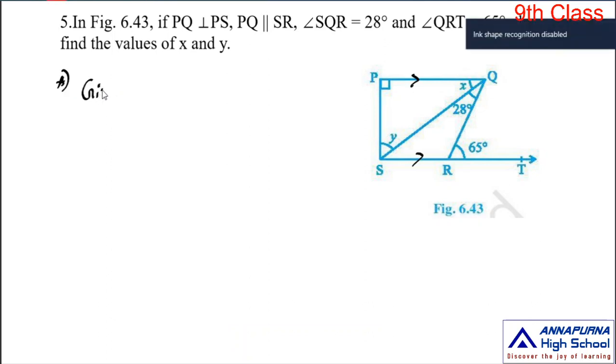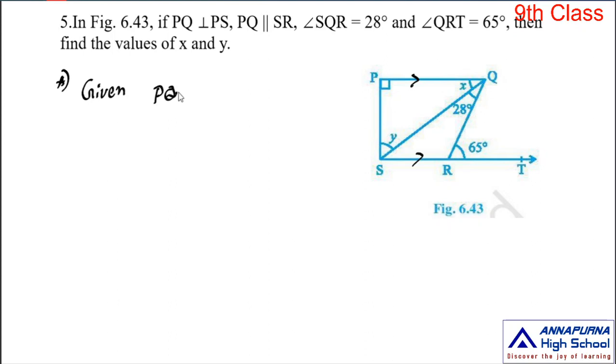Given PQ is perpendicular to PS, PQ is parallel to SR, angle SQR is equal to 28 degrees.